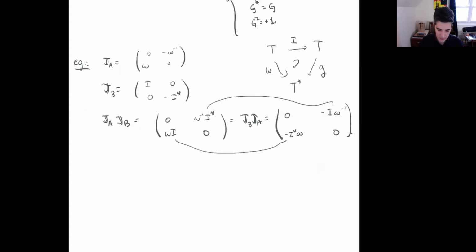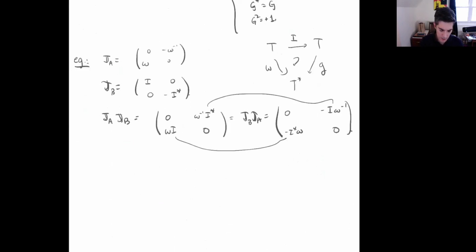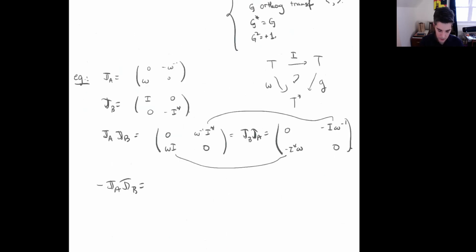And then if we take minus JA JB, then this is going to be just the negative of this matrix. And what you see is that we're having minus i's, which is the inverse of I, composed with omega, which is g. So what you're going to get is g inverse.